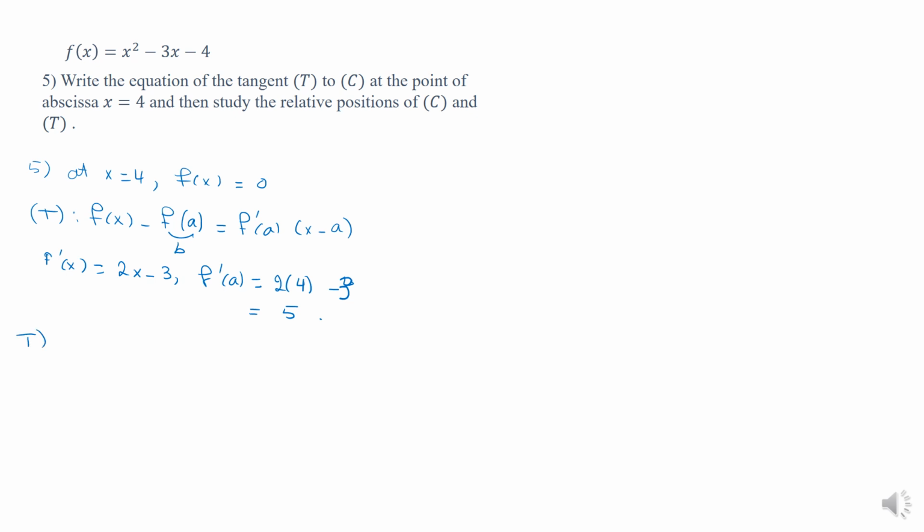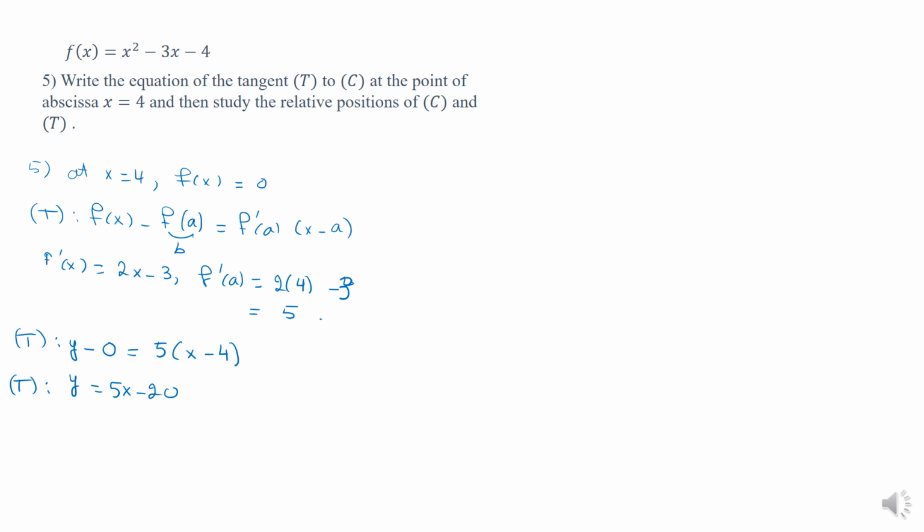Now the equation of the tangent is y minus 0, b is 0, f prime of a is equal to 5, times x minus 4. So y equals 5x minus 20. This is the equation of the tangent at the point of abscissa x equals 4.